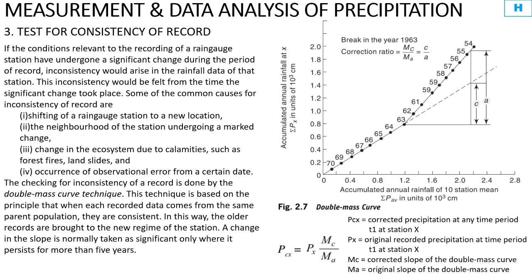So, kumbaga, people error to. There is observation error from a certain date. Wrong record of data. So, due to these inconsistencies or errors, we use this method naman para ma-check.